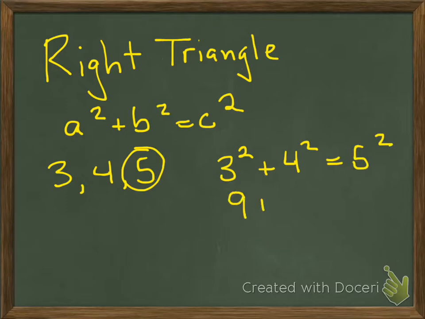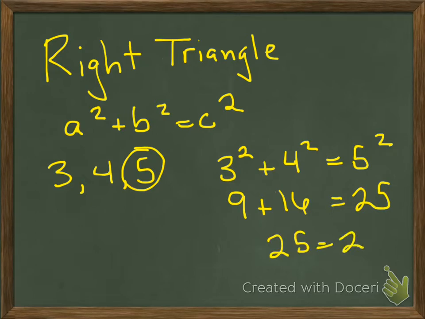So that's 9 plus 16 equals 25. So 25 equals 25. That's a right triangle. Okay? If you put in numbers that do not equal this, then it is not a right triangle. Okay? So anything that's not a right triangle is either an obtuse triangle or an acute triangle.